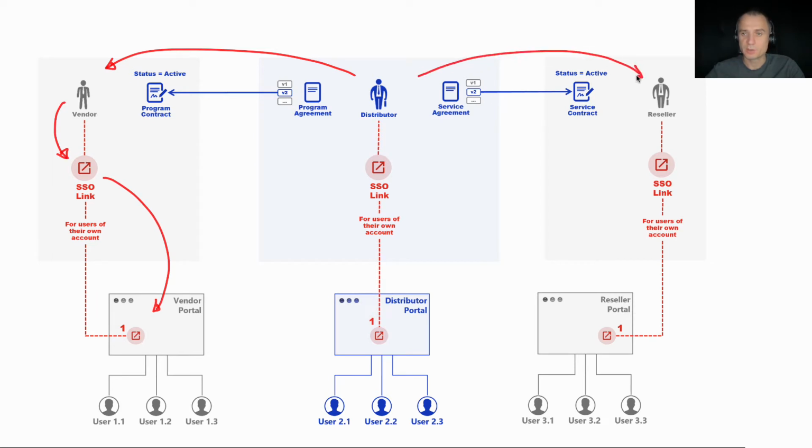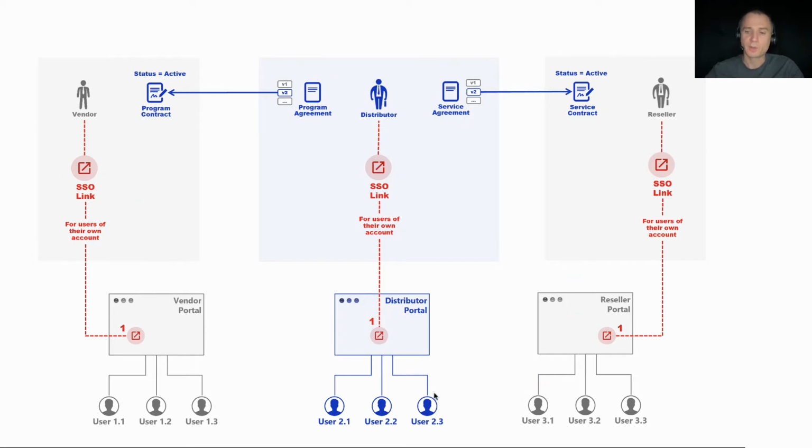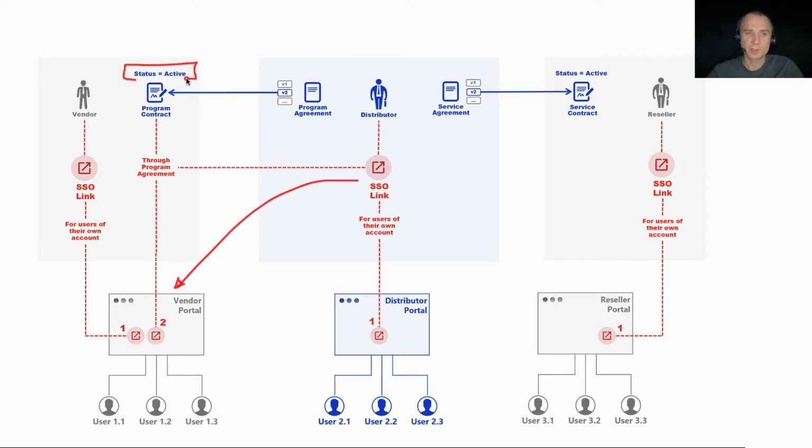So distributors invite resellers, and the administrator of a reseller account defines a single sign-on link, and this link is visible in their account. On top of that, distributors can mark some of their links to be visible to their vendors, which means that vendors who have an active contractual relationship with that distributor will see that link in their account as well.